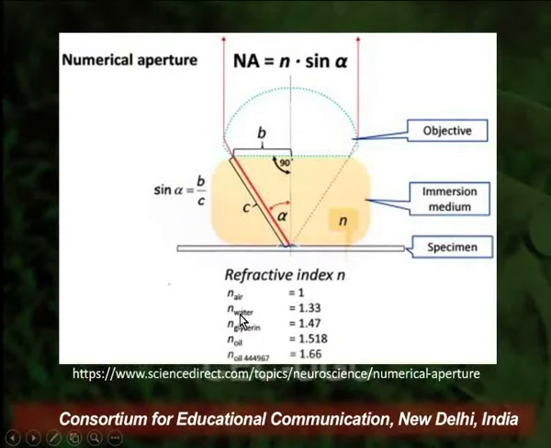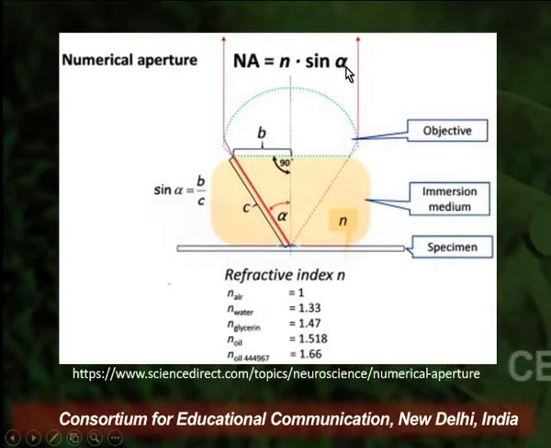When we apply glycerine, it is 1.47. When we apply oil, it is 1.5, and when we apply a special oil, it is 1.66. So by increasing the immersion media, we can enhance numerical aperture to a particular extent.